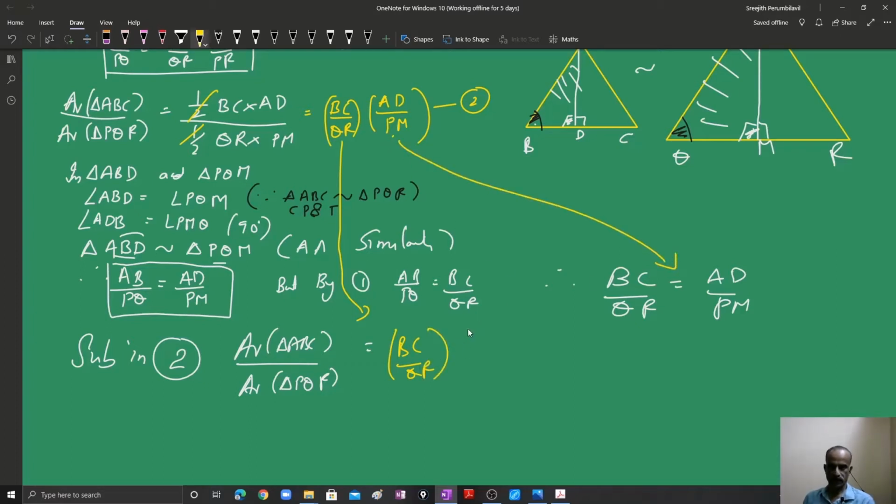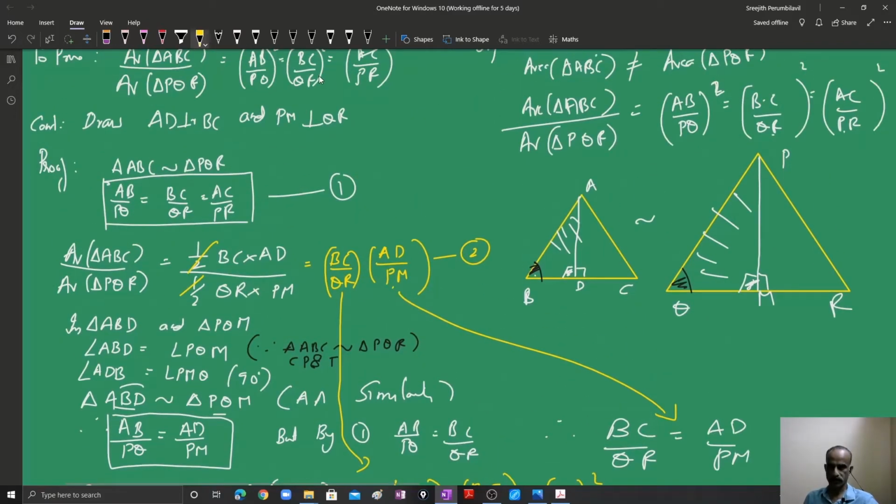And AD by PM is BC by QR. So this is equal to BC by QR whole square. One more thing: that's not all we need to prove.